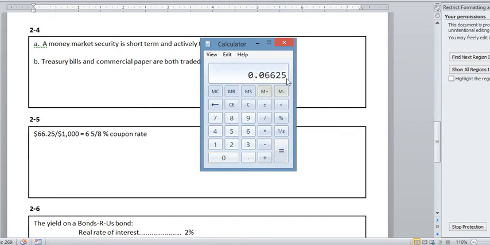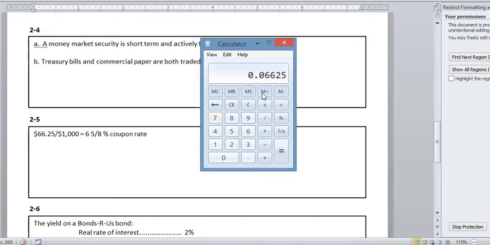But this gives us our answer in a decimal. So remember, in order to get the percentage, you need to move your decimal place over 2 places to the right and you get 6.625%, and the .625 is also the fraction 5/8.